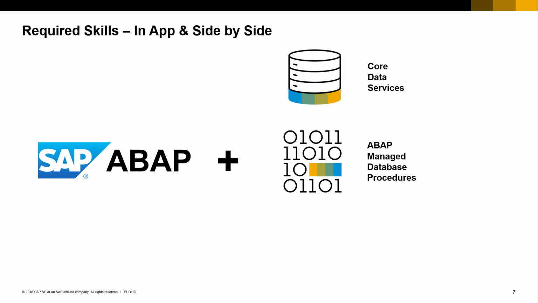Using AMDP allows developers to create and execute those database procedures in the ABAP environment using ABAP methods and ABAP data types. This greatly reduces the development effort required to create those stored procedures. This is another way to implement code pushdown from the application layer. Unlike ABAP CDS, however, AMDPs are currently only supported by the SAP HANA database.